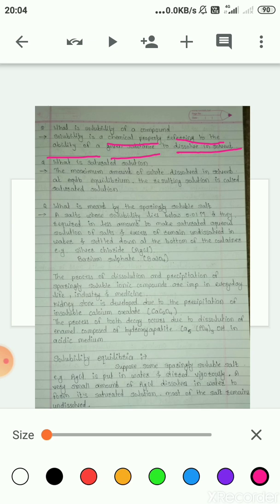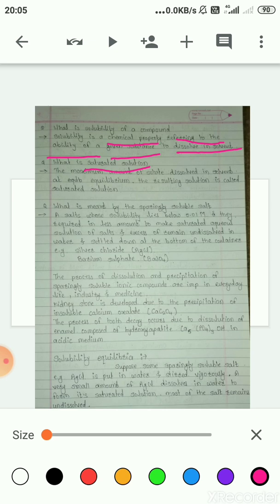Okay, now see, the next concept is what is a saturated solution. Imagine we have added a solid into a liquid, and it starts to dissolve. Some compounds dissolve completely, some dissolve partially.